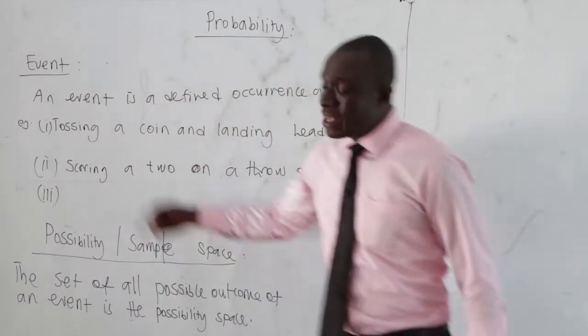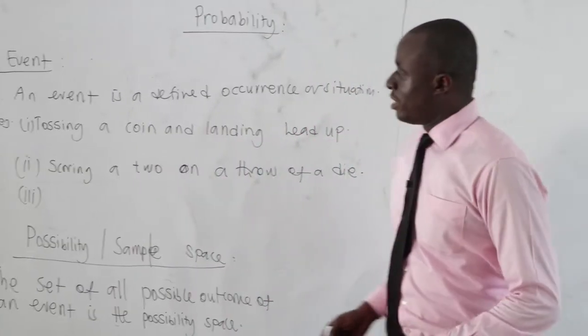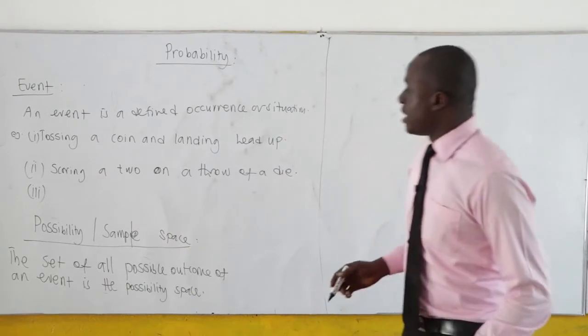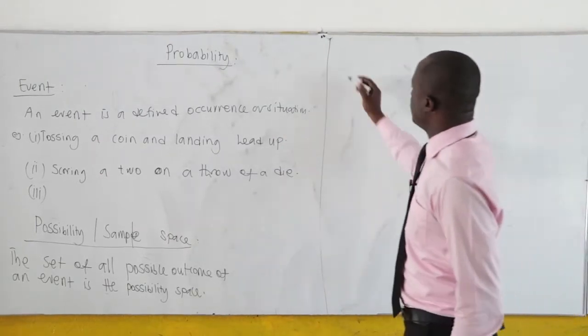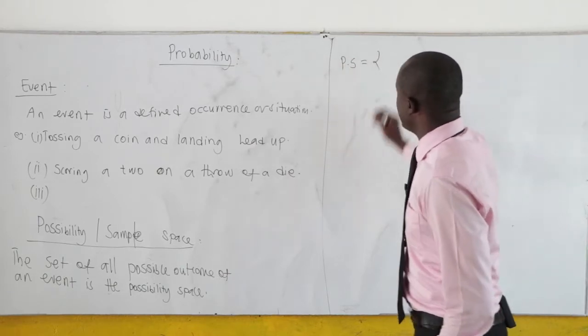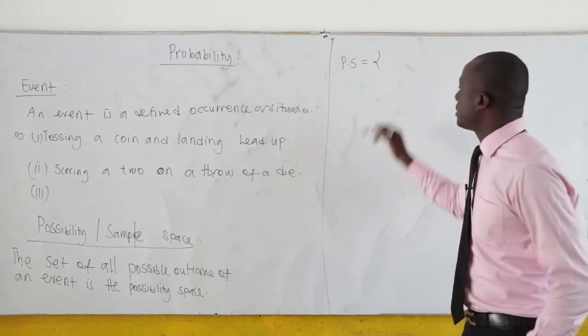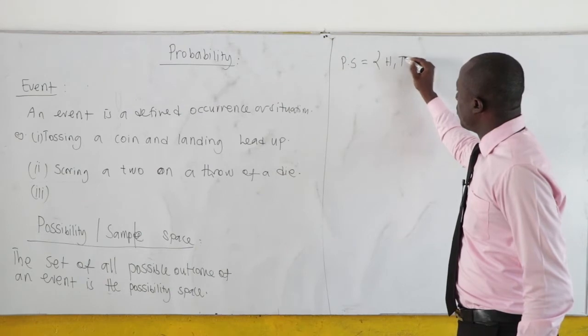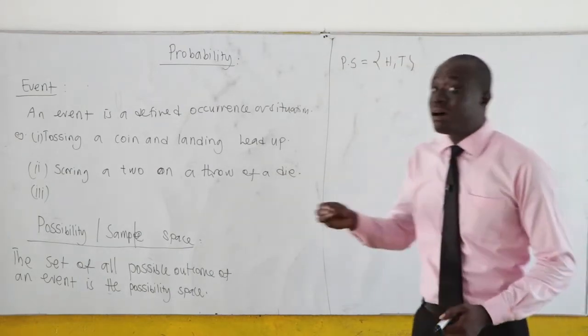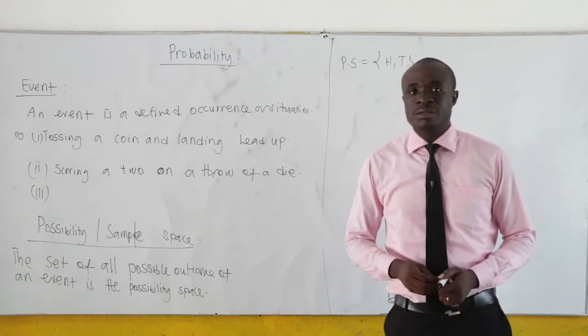Now, from the examples that we have given, the first one says that under the event, tossing a coin and the coin landing head up, our possibility space is either, when you throw a coin, you get a head or a tail. So the set of all possible outcomes of a particular event.